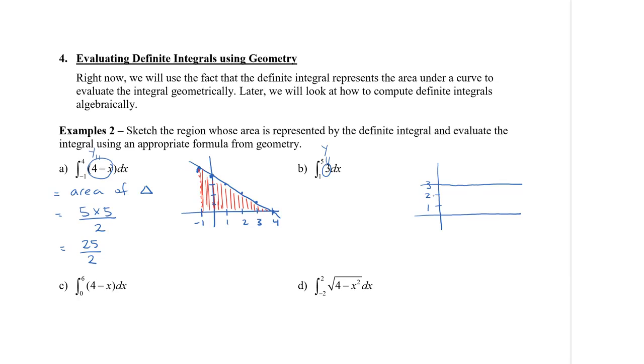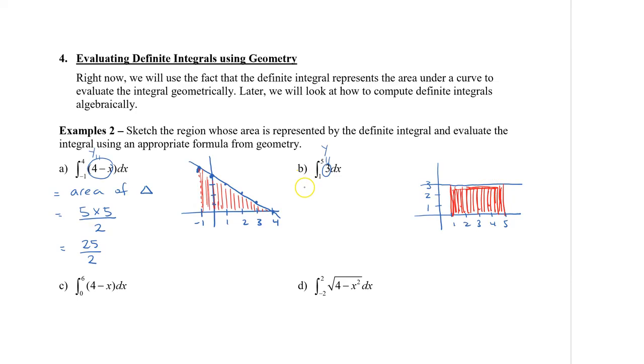And then I can see that my lower and upper limit are from 1 to 5. So 1, 2, 3, 4, 5. And then I'm going to mark in red that area from here to here. And so I'm going to find the area of this shaded part, which is the area of a rectangle.